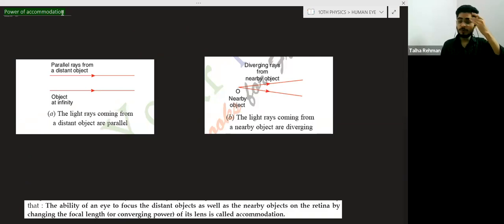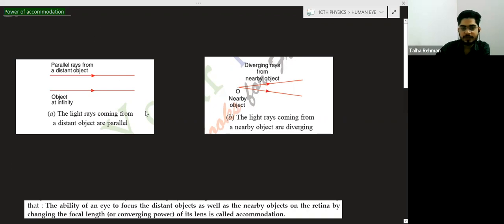You have seen the focus mode in your phone, but our eye has the ability to focus on objects which are far from us and which are near to us. Suppose I want to focus on this pen, or on this screen, I can do that. So this is the power of accommodation we will see here.